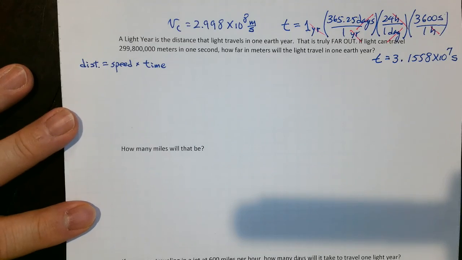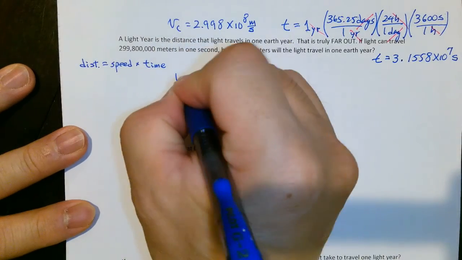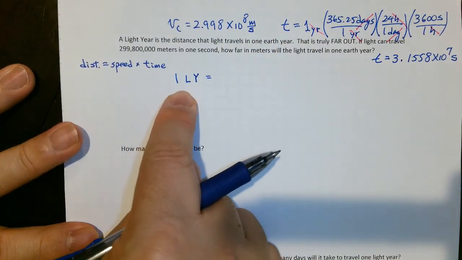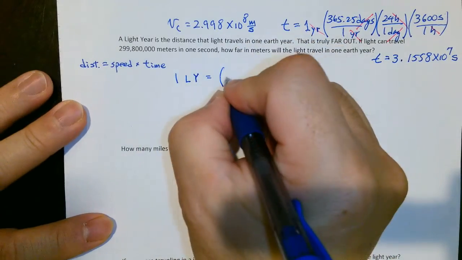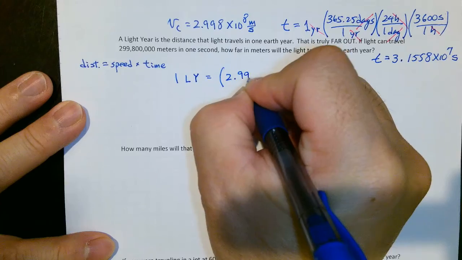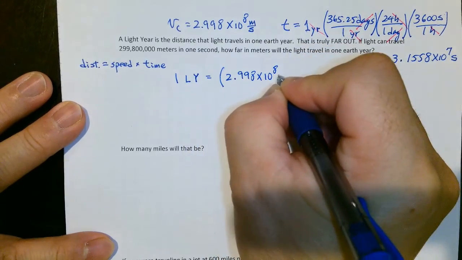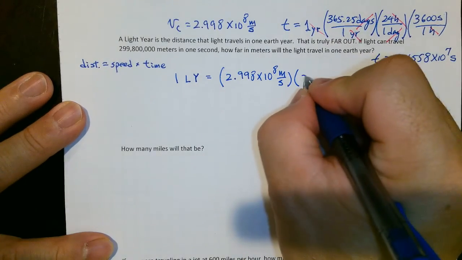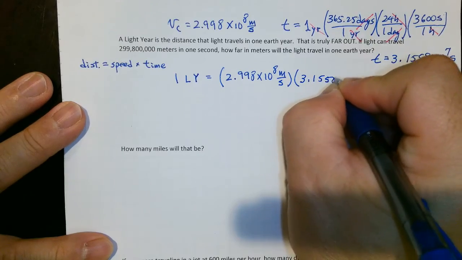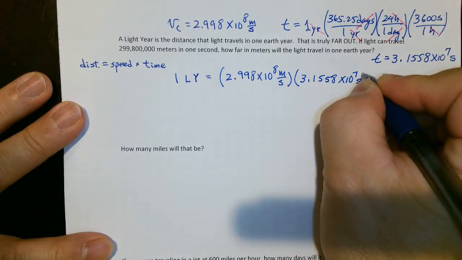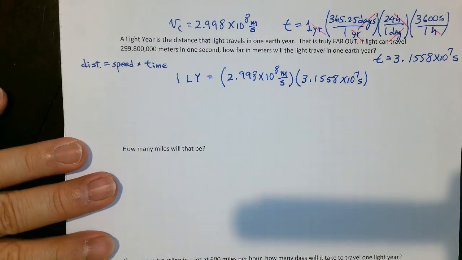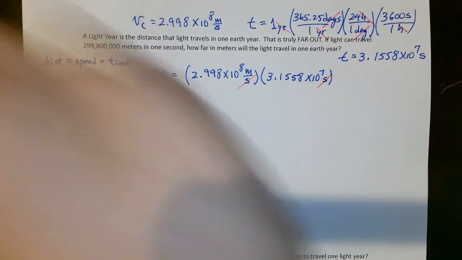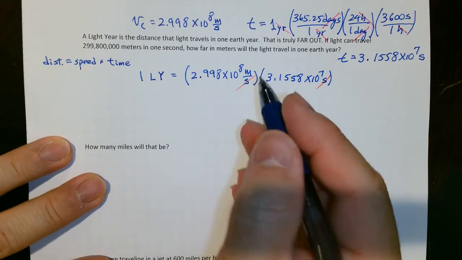Therefore, in 1 light year, which is a distance, 2.998 times 10 to the 8th meters per second times this many seconds. So, as you can see, the seconds will cancel out, giving us our light year in meters.